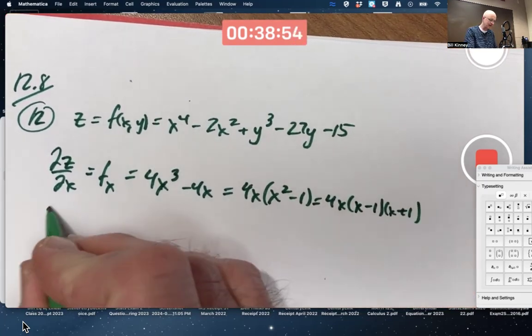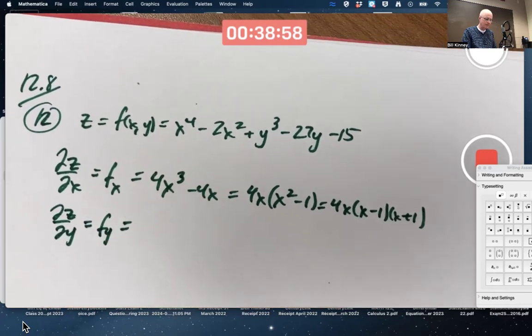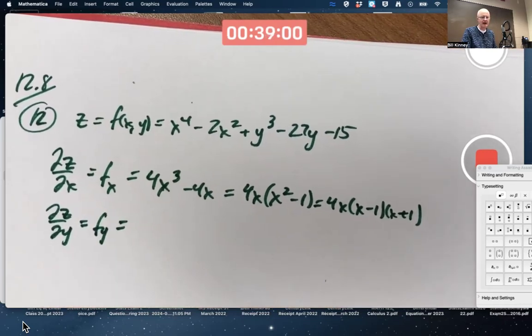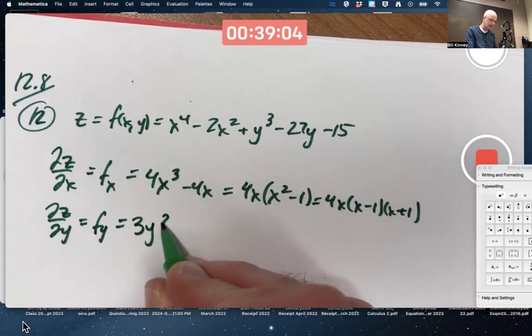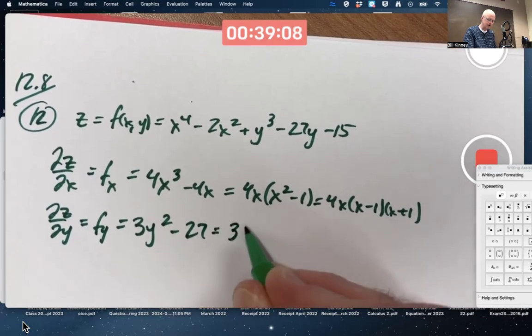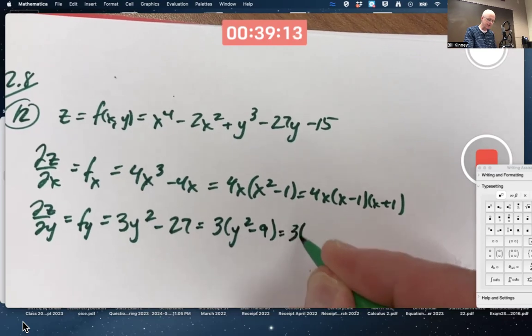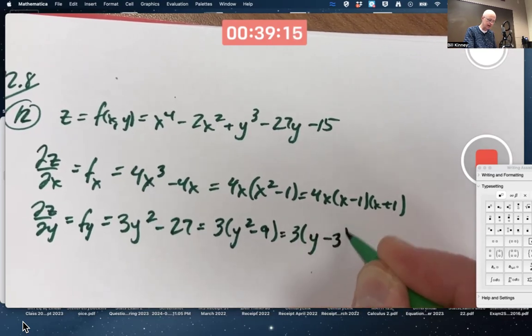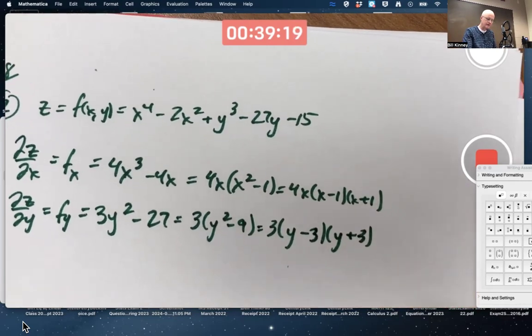Partially, what makes this a little easier than it might be in general is that these derivatives are in the end functions of one variable, so that makes it a little nicer. Once again, factor as much as possible. Sometimes you might have to use the quadratic formula, but in this case, we can factor.